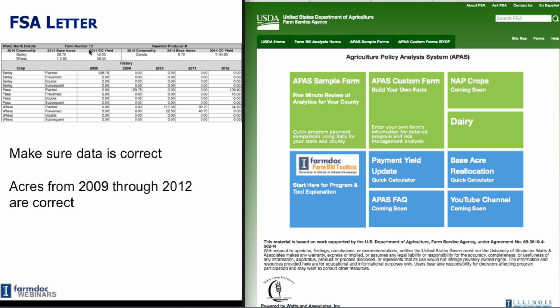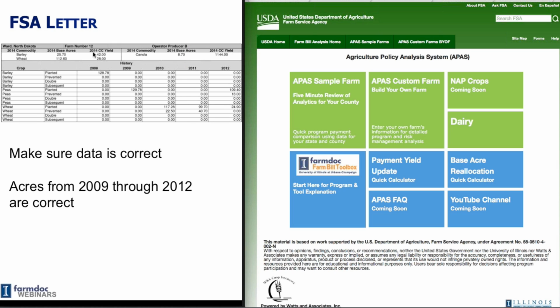There's a box at the top that has 2014 commodity, 2014 base acres, and 2014 counter-cyclical yield. For 2014 commodity, in this example, it's barley, wheat, and canola. This could be corn, soybeans, wheat if you're in the Midwest, peanuts, rice, cotton, or wherever you're at.